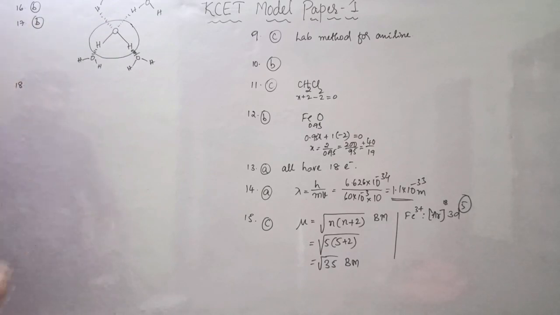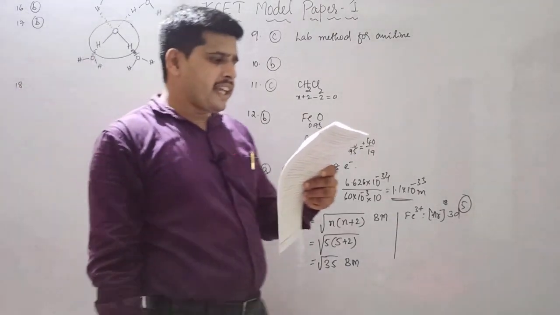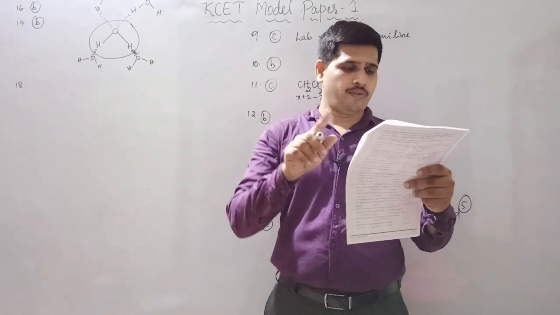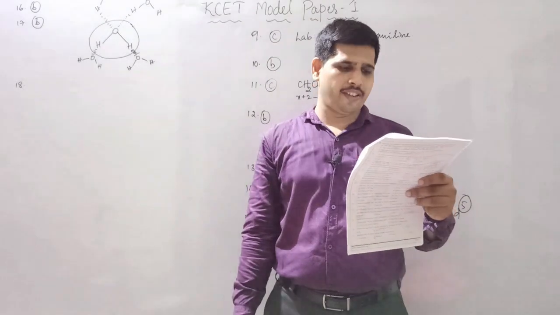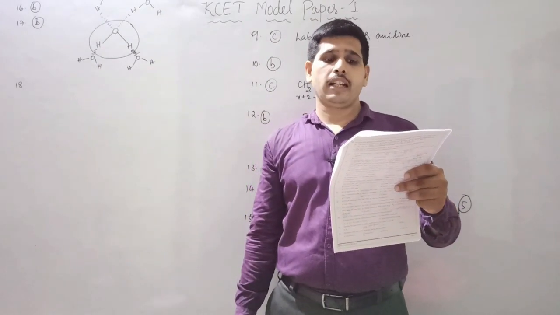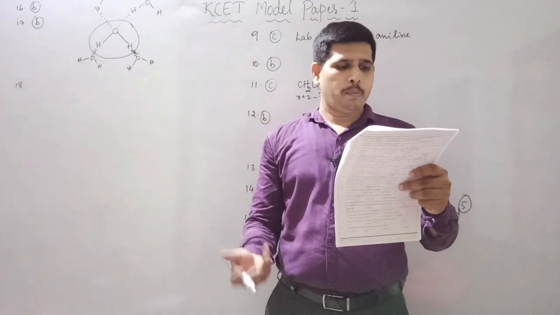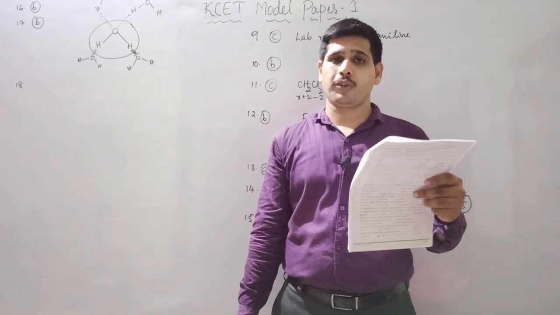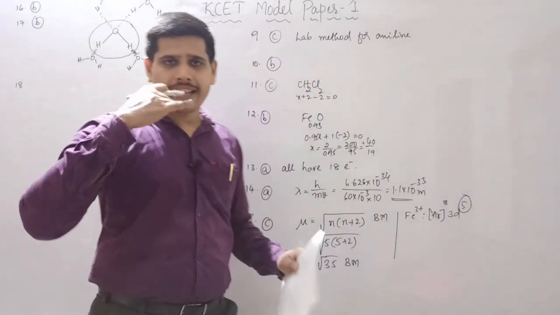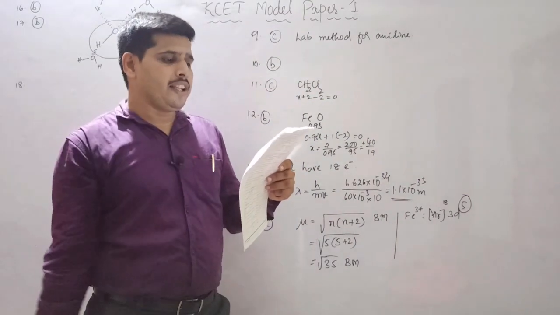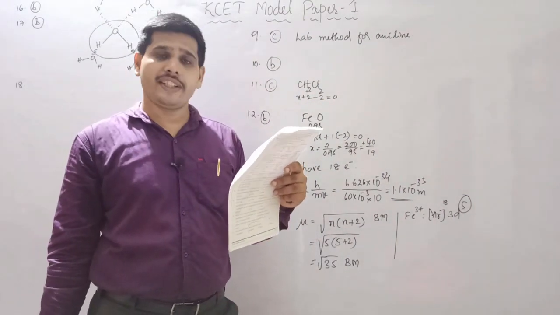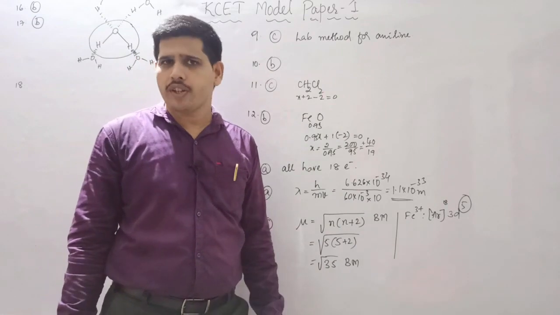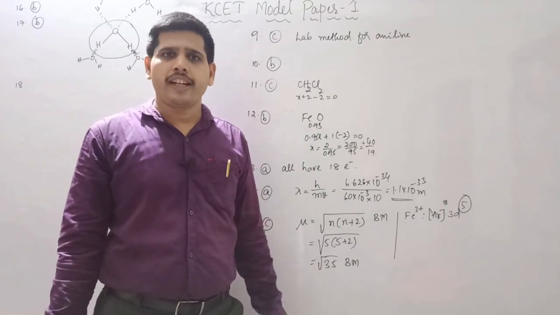Next, 18th one. The main axis of a diatomic molecule is Z. So internuclear axis is Z. The orbitals px and py overlap to form pi molecular orbital or sigma or delta, or no bond is formed. So which one do you think? Internuclear axis is Z and one orbital is on the y axis and the other one is on the x axis. Is there any bond formation or overlapping? Definitely not. Why?